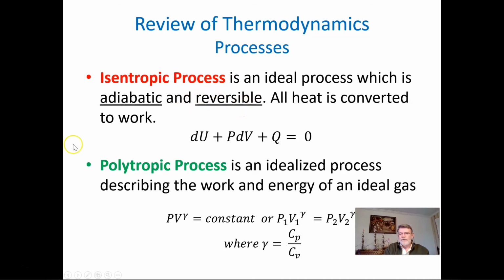right? So if you remember from last week, we talked about this a little bit and discussed reversibility and irreversibility, and how any real system is not reversible. If it's an isentropic process, it means it's adiabatic and that there is no heat transfer going to the outside.